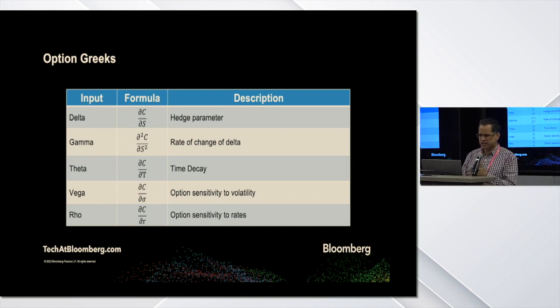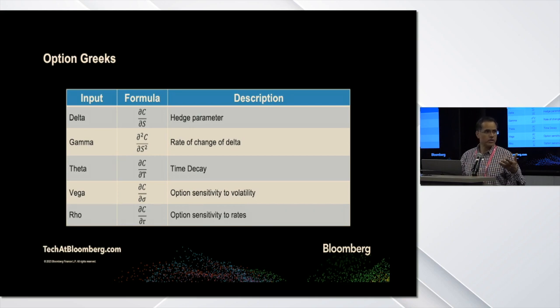And not only prices, we can also compute the sensitivities of the prices with respect to all the inputs. These sensitivities are very important for risk management. For example, delta is the sensitivity of the call price with respect to the underlying asset. And delta is very important for hedging, to maintain a hedge as the time progresses towards the maturity.